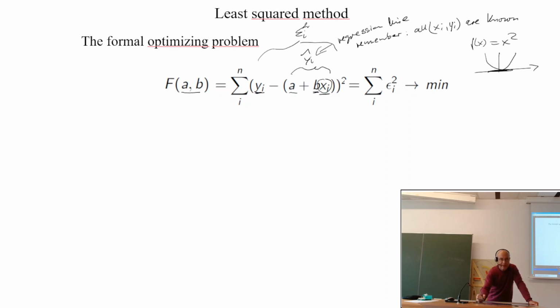So here in the minimum, we have just a horizontal line for the slope, and this is then the minimum. So what we are doing then is df with respect to a and setting this to 0. Well, and this we are doing now.